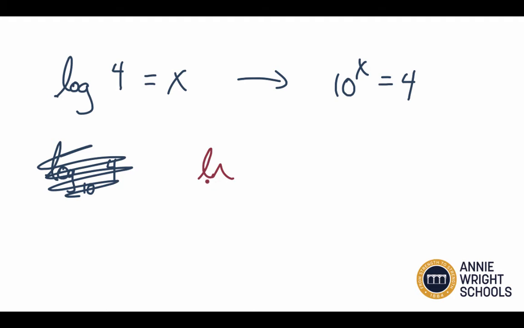So instead of calling it natural log like we do in English, a lot of French and Spanish and European speakers, Latin speakers, would say logarithm natural, so ln. And ln of 4 equals x. ln is log base e of 4. So when you see ln of 4 equals x, that means e to the x equals 4.